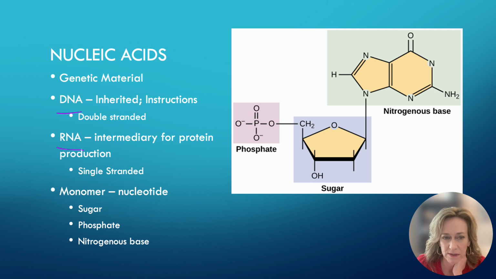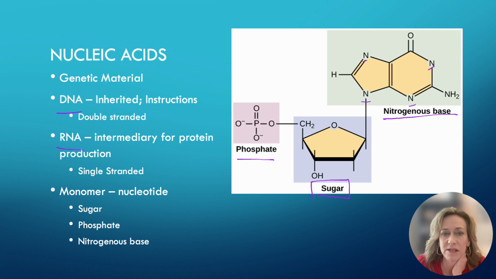It has 3 components. It has a sugar, okay, and it'll be a little different if we're talking about DNA or RNA nucleotide, but it's a 5-membered ring, right? It has a phosphate group, so there's a phosphorus with 4 oxygens surrounding it. And it has a nitrogenous base, meaning this is a structure that contains nitrogen. You can see all these little nitrogens, okay?